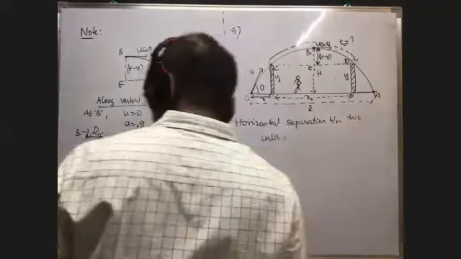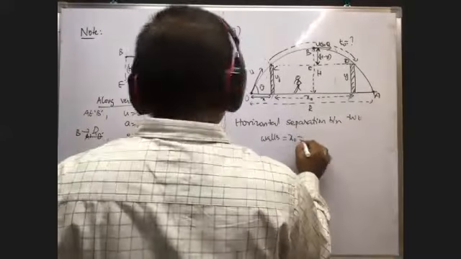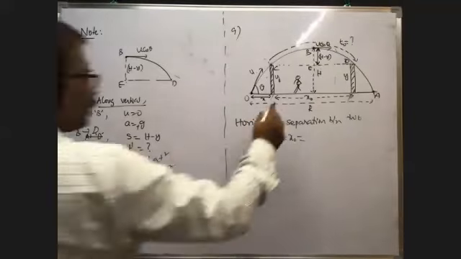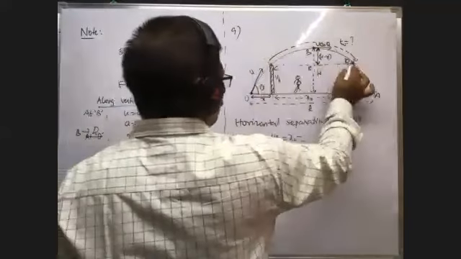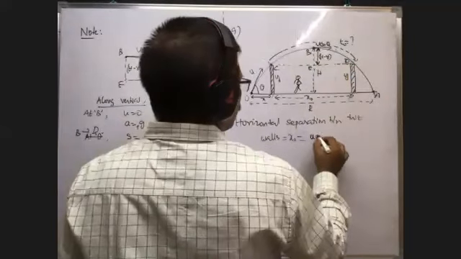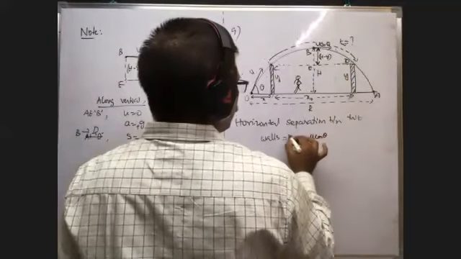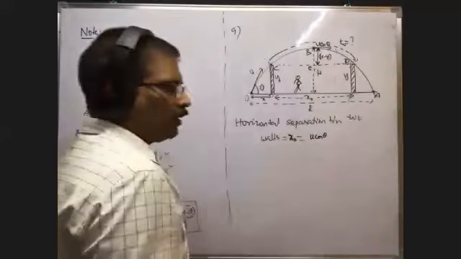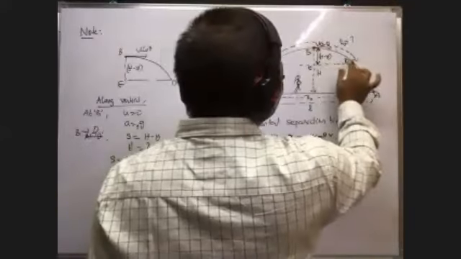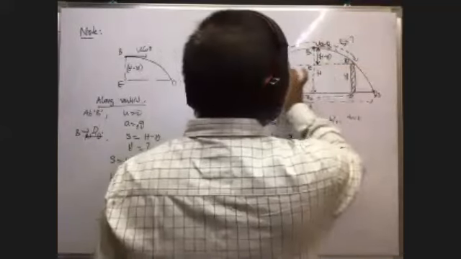If you know the time taken by the ball to cross the two walls, which is t naught, then the horizontal separation between the two walls means, in that time interval, what is the distance traveled by the ball from one wall to another wall along the horizontal direction? At any point, you know the horizontal component of velocity is the same, u cos theta. With this horizontal component of velocity, in t naught seconds, what is the distance traveled along the horizontal direction?